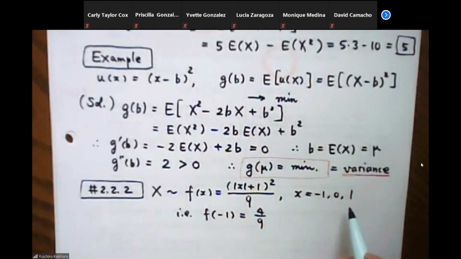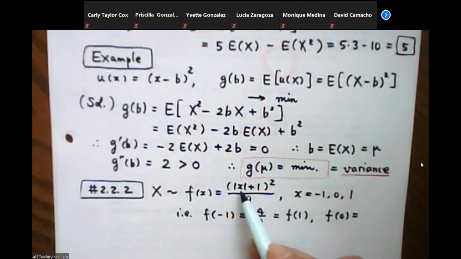And if you plug in 1 here, then again 1 plus 1 squared, so f of 1 is also 4 ninths. What is f of 0? 0 is here, then 1 ninth, right? And you see that the sum is 1. So this is the probability mass function.